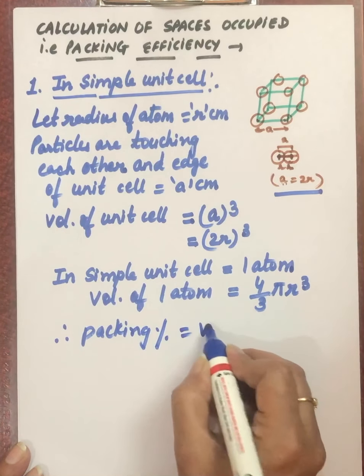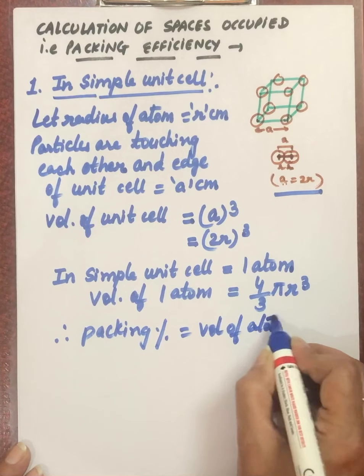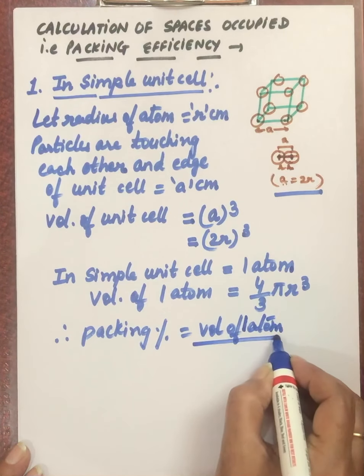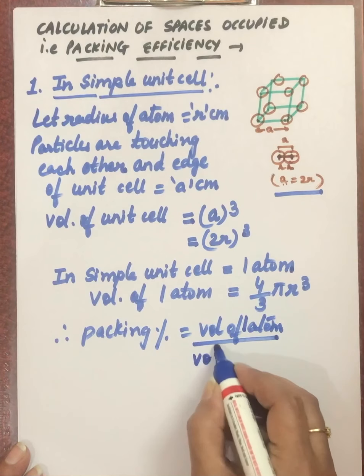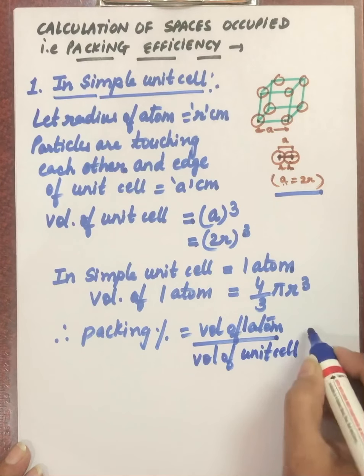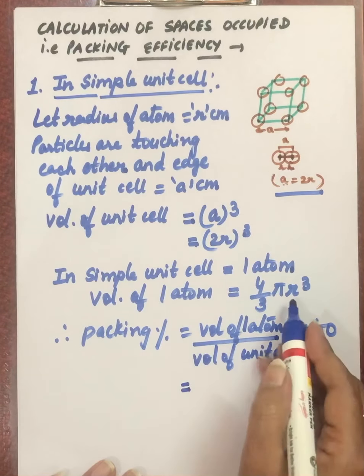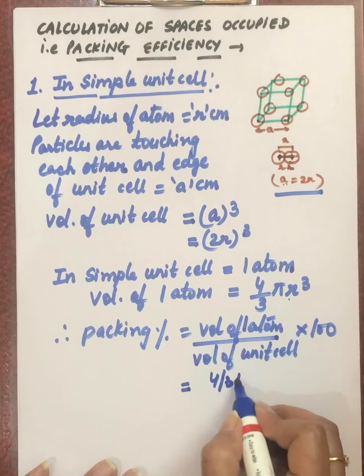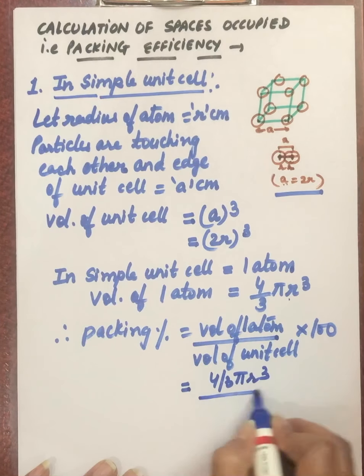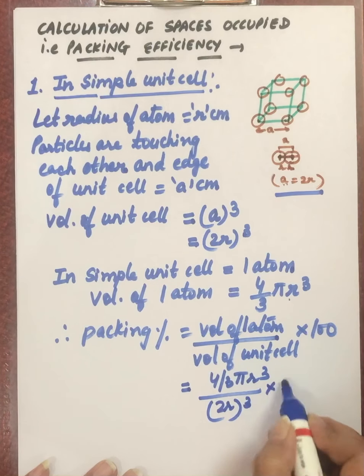There is only one atom in a simple unit cell, so volume of one atom upon volume of the unit cell, multiplied by 100 since we are calculating percentage. Volume of one atom is 4 by 3 pi r cube, volume of unit cell is (2r) whole cube, into 100.